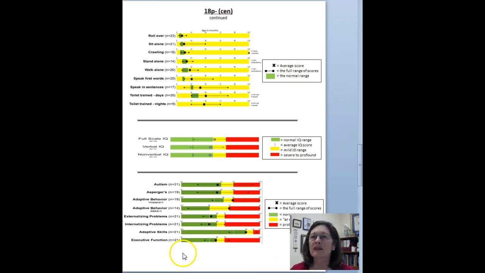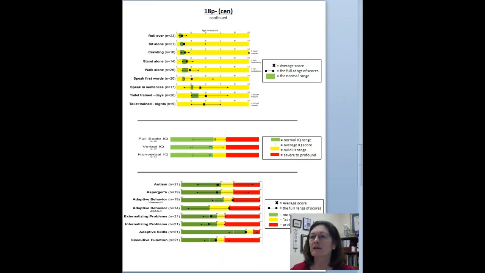So you can see with each one of these, each one has a numeric scale, and you can see what the actual numbers are. And again, it's laid out in exactly the same way, so that the average of the group is the X, and the whole range is the ball-headed line.